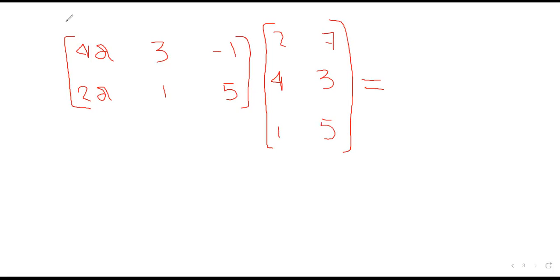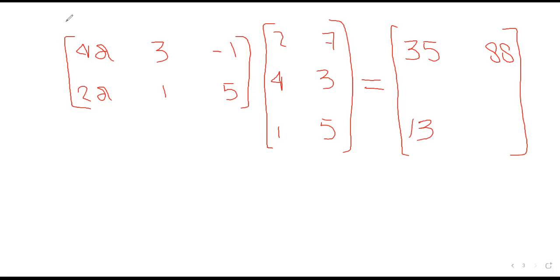We are multiplying these two matrices. So the answer, if we multiply, we will get 35 and 88 over here, and 13 in the second row, first element, and 42. So this is all about that.